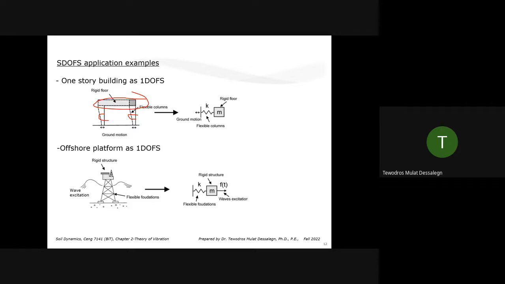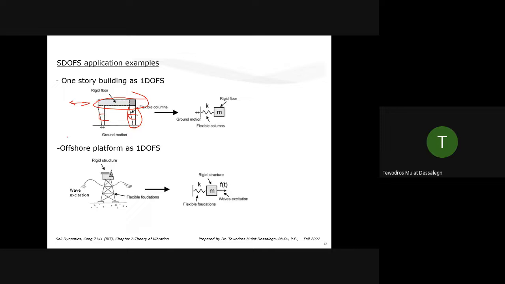If you see the vibration of this one-story building, it's moving horizontally back and forth with a rigid mass. So the mass of the columns, the beams, and the floor, you can assume is rigid. And the stiffness resisting that motion from the columns, we can calculate as K. So in reality, as a simple model representation, a single-story building can be represented by a single mass and a single spring.